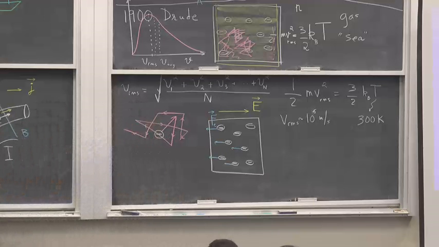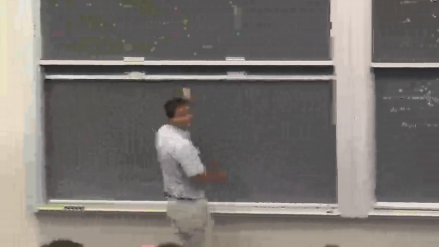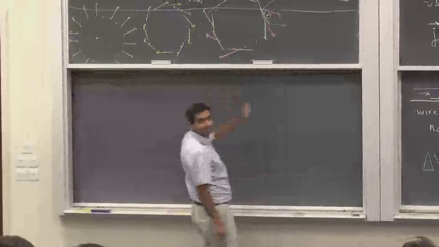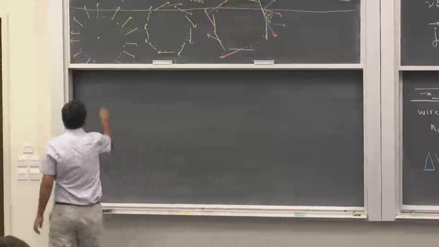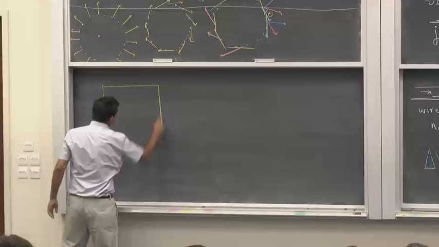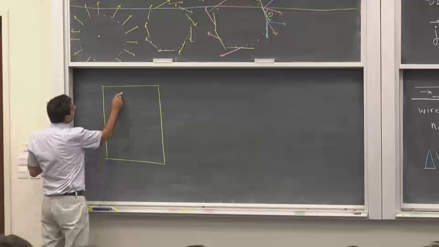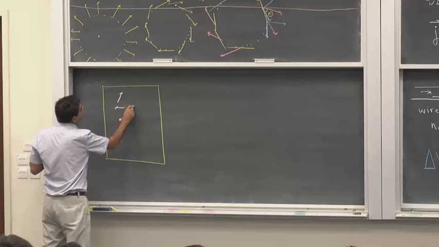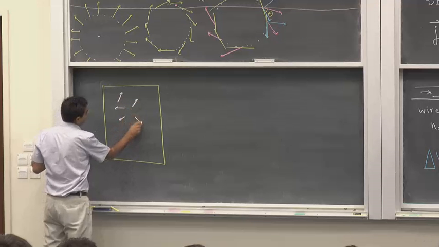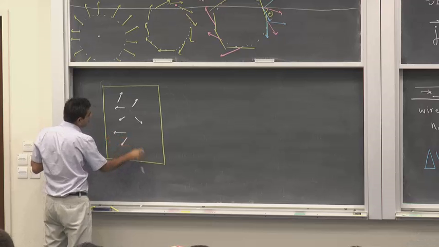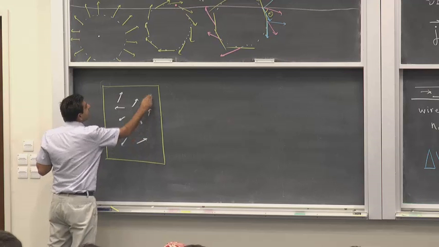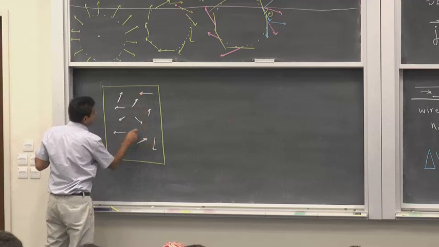Let me draw this diagram in a more illustrative fashion here. So I have a metal, no electric field is applied. So if I draw the velocity vectors for the electrons, they are all pointing randomly in all possible directions at an instant of time. So I'm drawing this diagram at some frozen point in time.